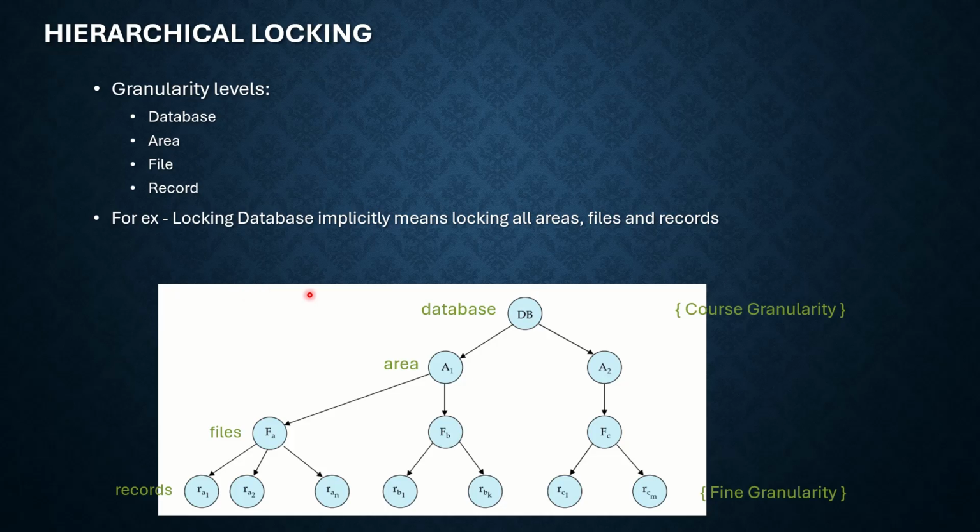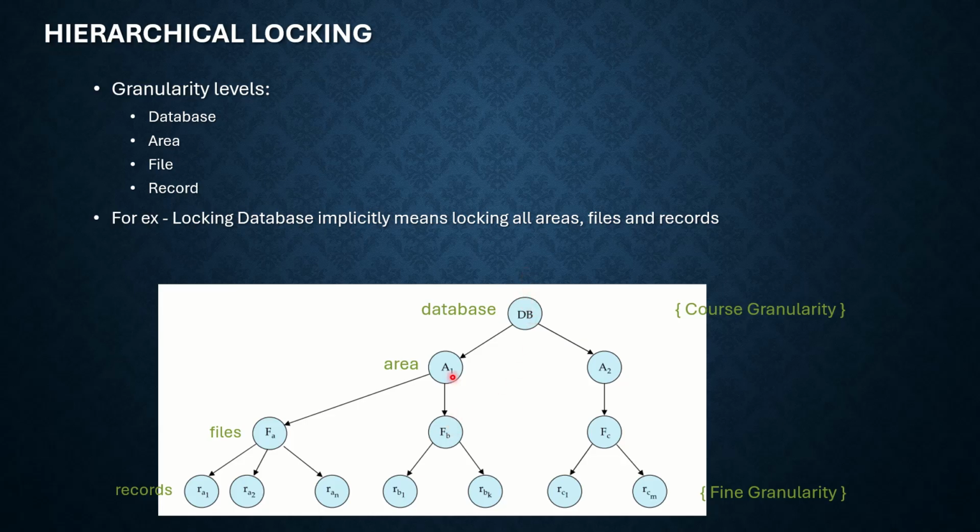So let's look here. Let's say I want to put an exclusive lock here. So how am I going to put an exclusive lock here? I need to traverse from the root node. While traversing from the root node to that node, I need to put an intention exclusive lock on its ancestors also, to be able to know that this node has an exclusive lock.